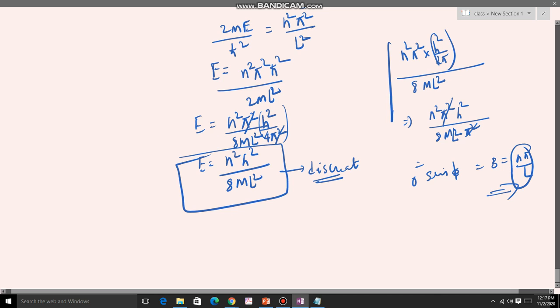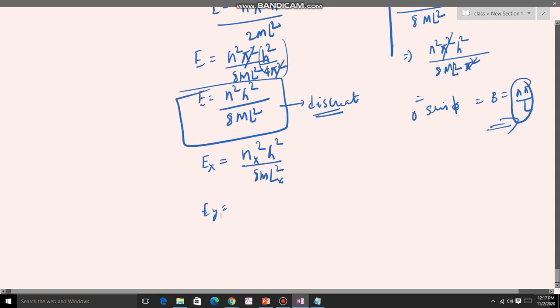So that's why in the case of 3 dimensions, Ex will be nx square h square by 8m lx square, Ey similarly.